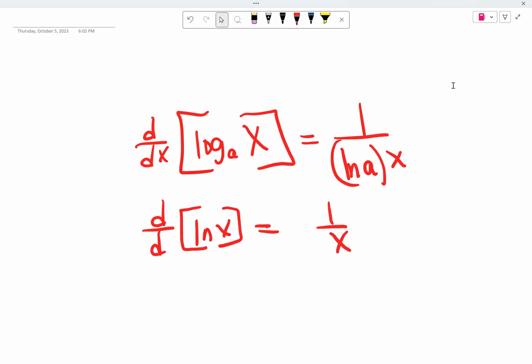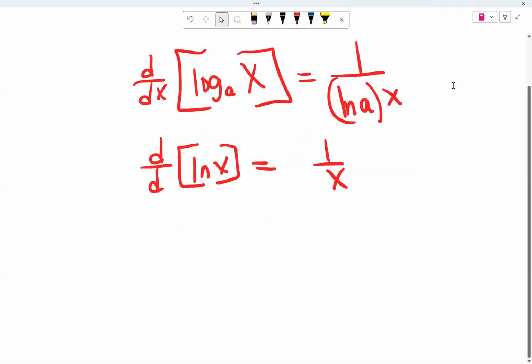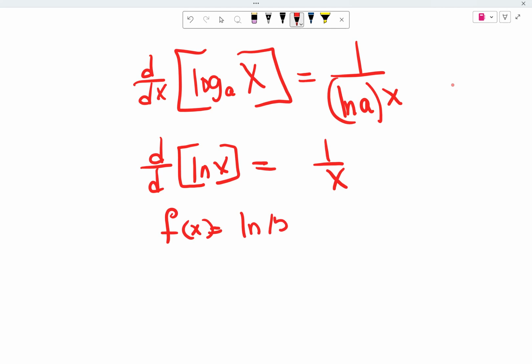So I can share with you a couple of examples. For example, if I have a function, and this is just a random example, and that function is equal to some natural log of 15x. What happens is basically when you look at this is the derivative of the g of x over g of x.